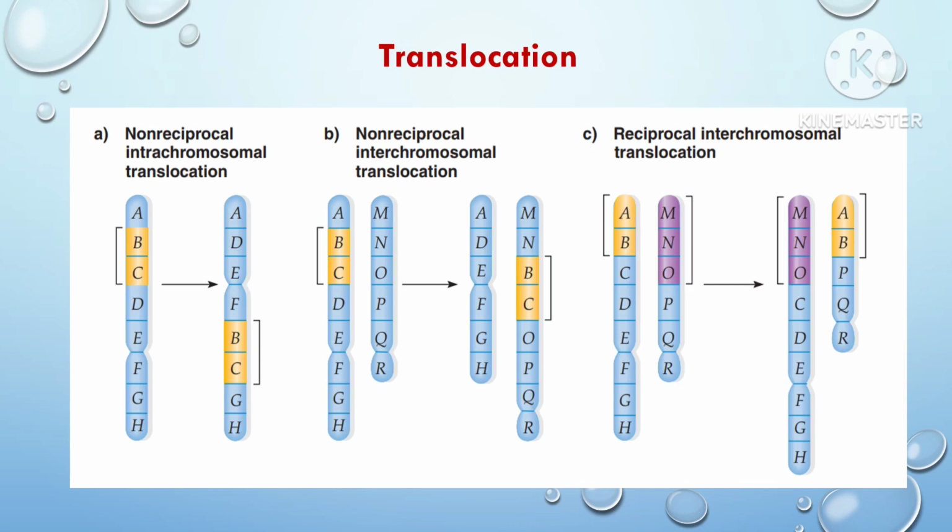So now coming to the last type, that is translocation. It's divided into three types. One, non-reciprocal intrasomal translocation. Intra means within a chromosome. So here you can see this BC segment of this chromosome is transferred here between the F and G. It was between the A and D. Now you can see A and D no longer has the BC placed there.